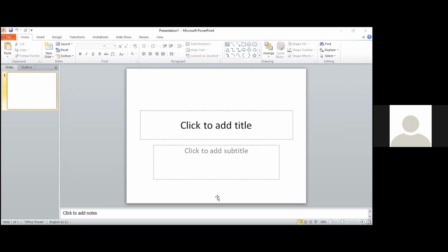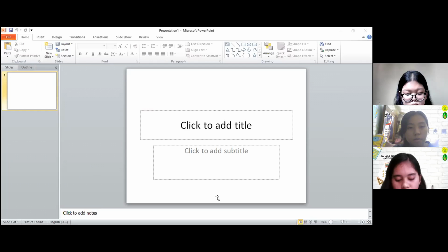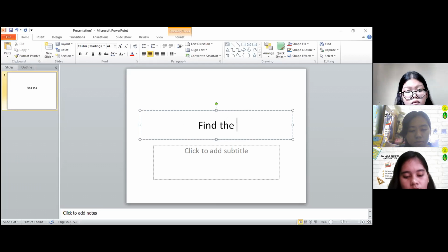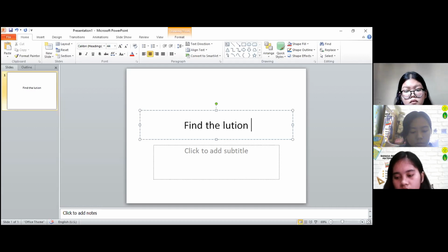Find the solution. You can write my problem. Find x for the equation 2x plus 3 equal 5.